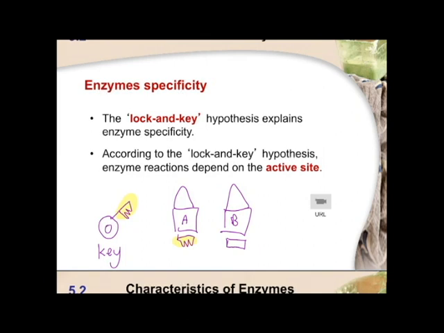And this is similar to how the 3D structure of your substrate and the 3D structure of your enzyme are different kinds of shape.